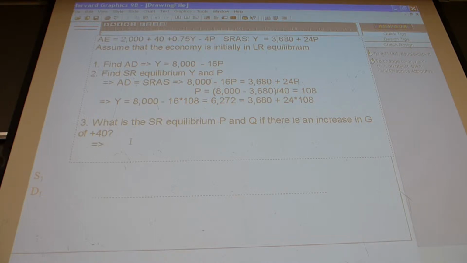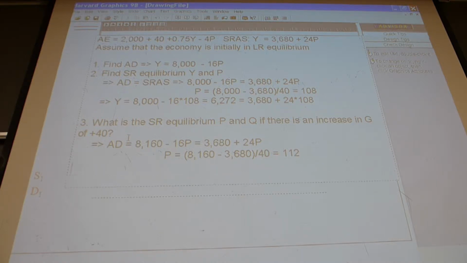And you'll get AD equals 8,160 minus 16p equals 3,680 plus 24p, which implies that 40p equals 8,160 minus 3,680, divided by 40, which is equal to? Erica? 112. So there is some inflation.